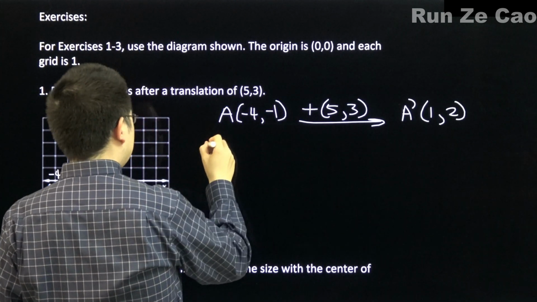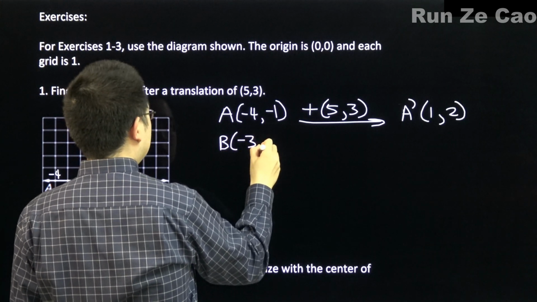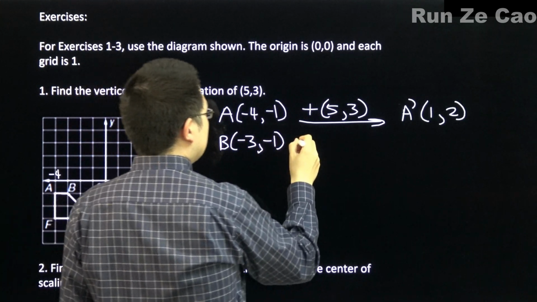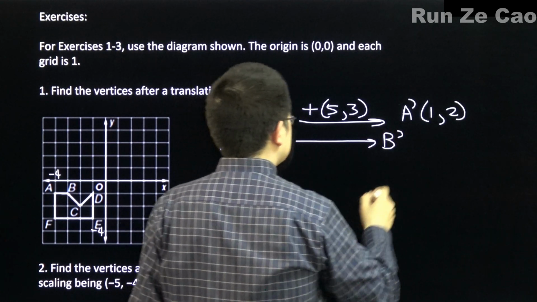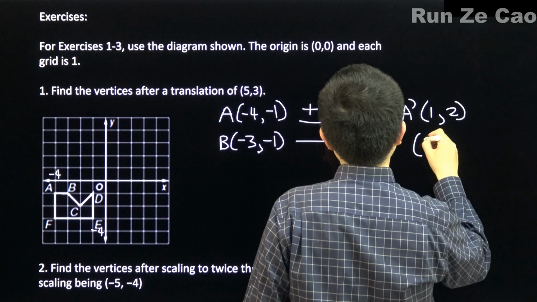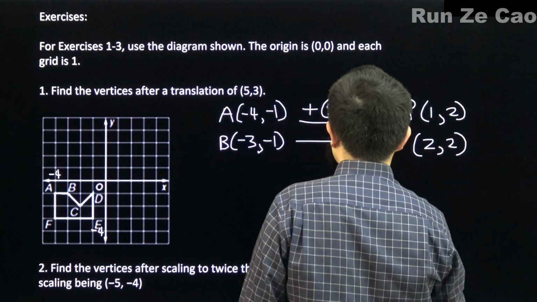Right. Now for B, which is negative 3, negative 1, that leads us to B prime, which is 2, 2.